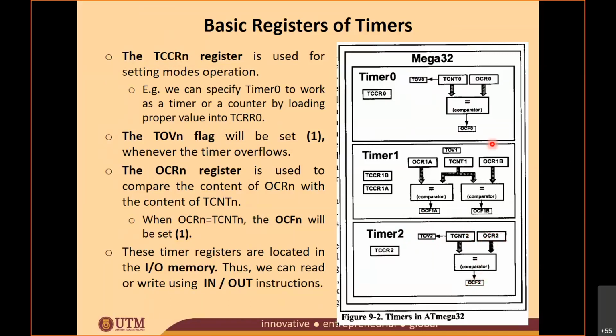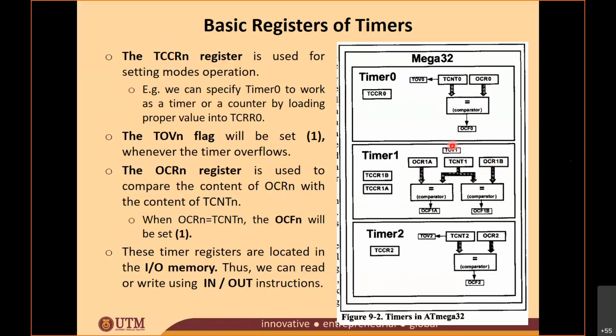Meanwhile, Timer 1 is a 16-bit timer. That's why you see here the TCCR is also 16-bit: TCCR1A and TCCR1B. The TCNT is also 16-bit, and OCR1A and OCR1B are also 16-bit. If you're going to use overflow, then the TOV flag will be set.